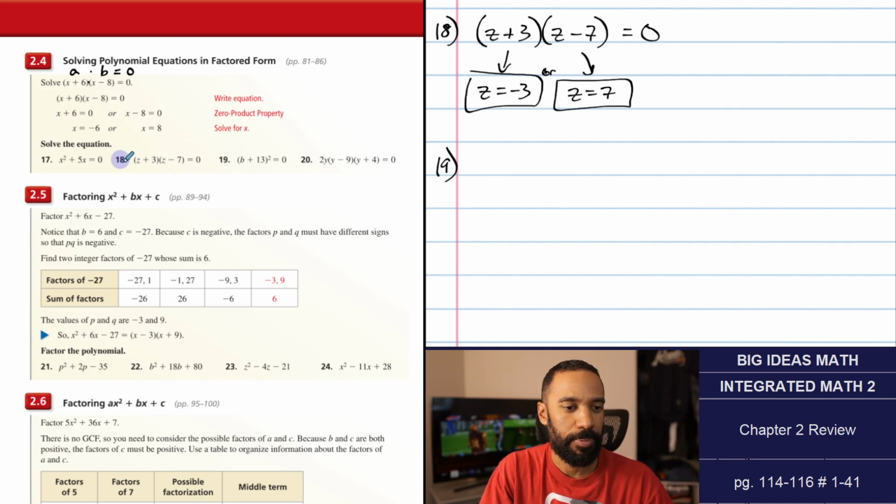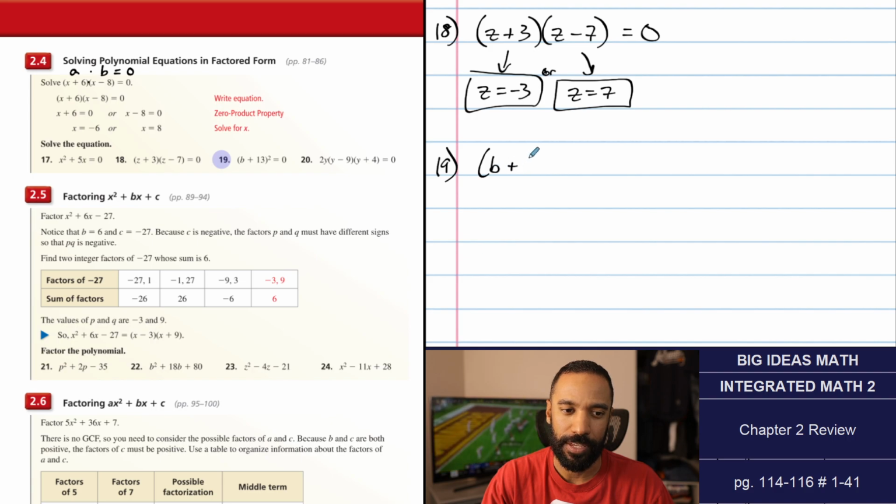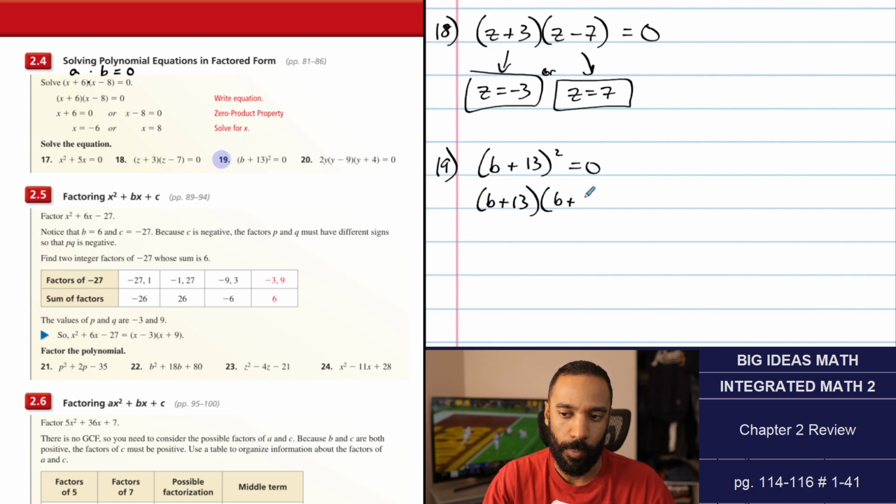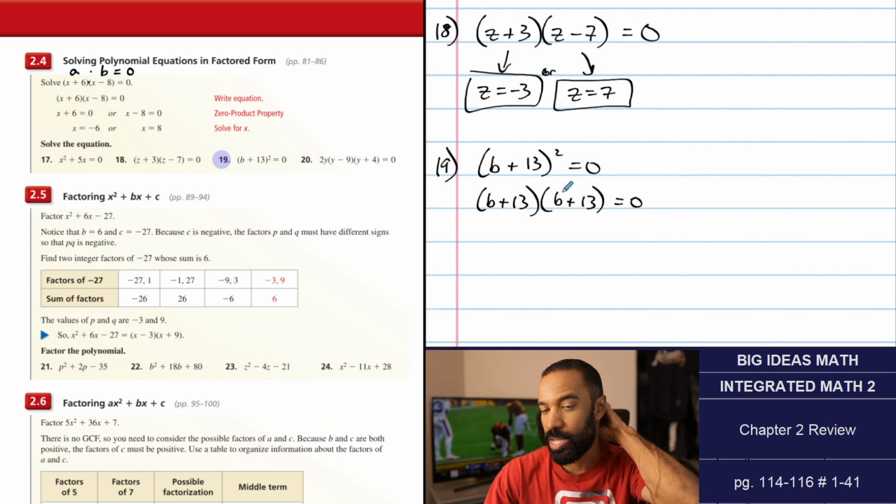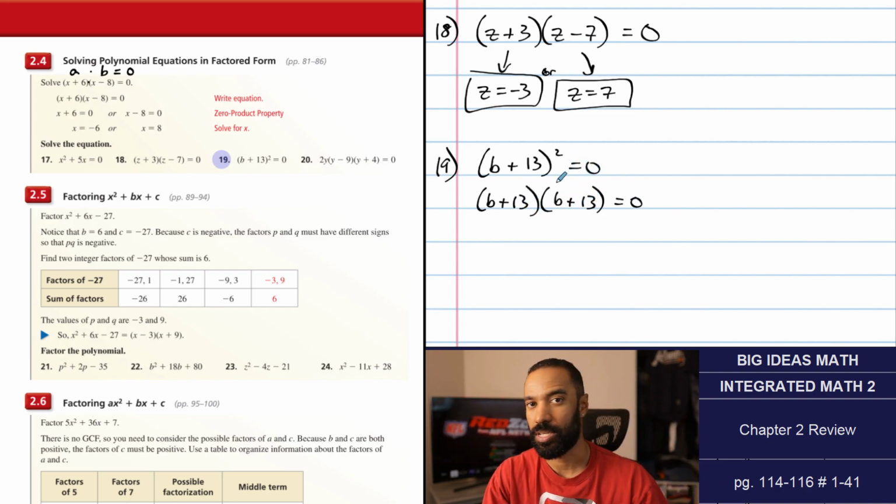Number 19, b plus 13 quantity squared equals 0. If I go back and recap what we were talking about previously when it came to special cases, squaring something means multiplying it by itself. So although this will feel like a wasted step later, I want to remind you of what we're looking at here. Something times itself. I multiply something times itself to get 0.